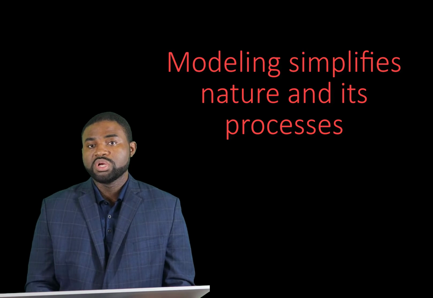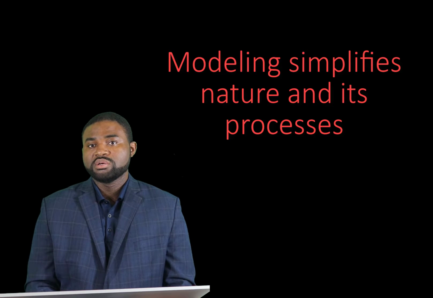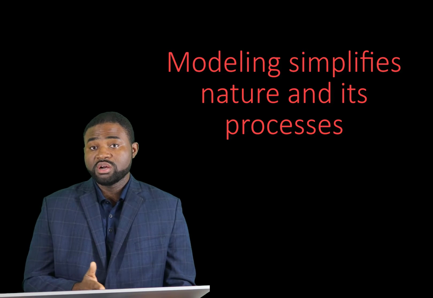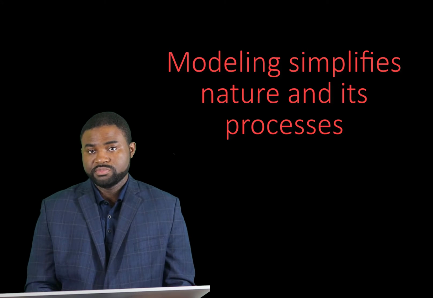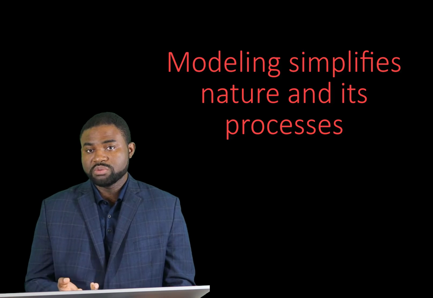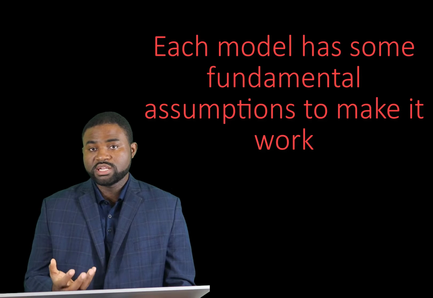For example, we may assume that there is no friction, there is no drag, there is no air resistance, to make the motion of a car simple to analyze mathematically. When we make those assumptions, what we are dealing with is a simplified version of what actually is. That is a model.